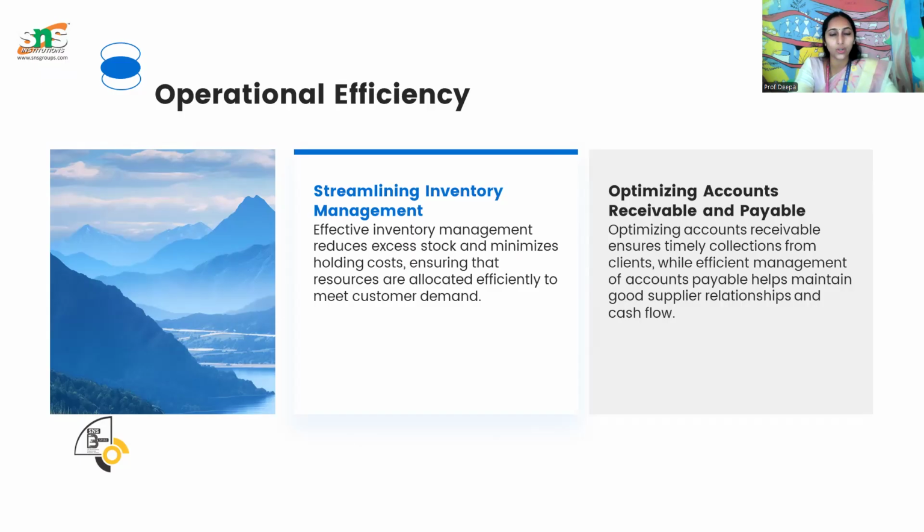That cost should not be very high. And ensuring that resources are allocated efficiently to meet customer demand. Clear? So these are the things. And optimizing payables as well as receivables, both have to be done. You have to receive your payments on time. Similarly, payables.